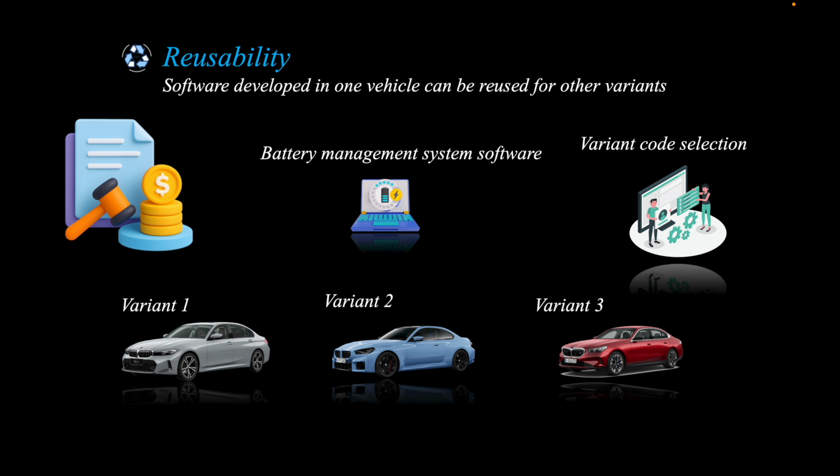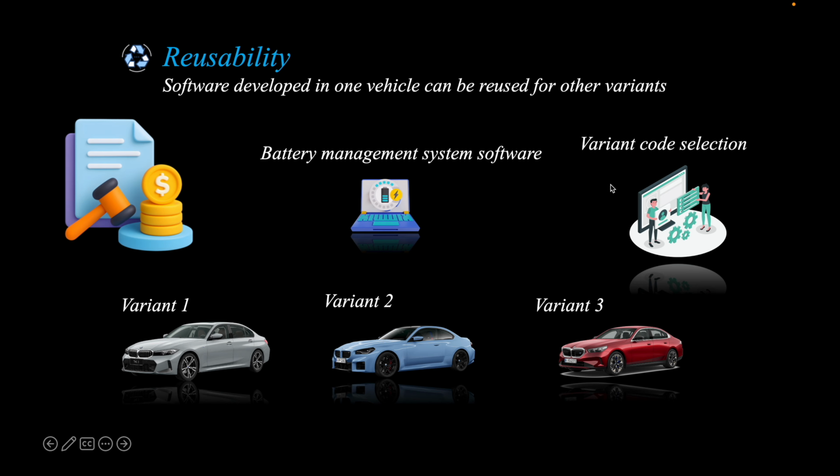In that case, you develop the BMS software as one overall package, and you can use it for all the variants. So one BMS software will be used for variant 1, variant 2, and variant 3. That way you can update the same code inside these vehicles, but with the help of some control. Maybe you have developed 4 features, and out of those you want to activate only 2, or you want to activate only 3.